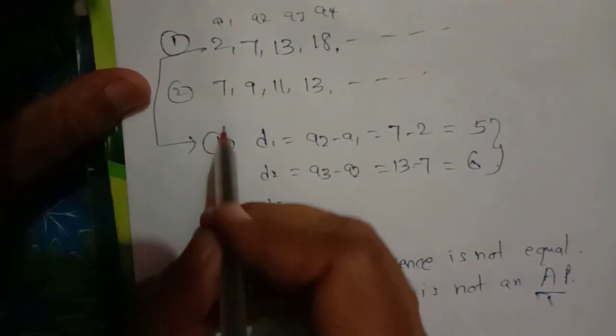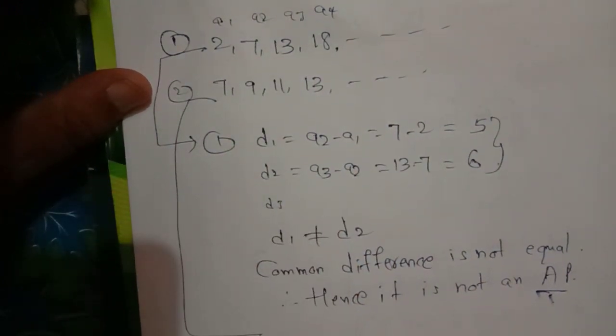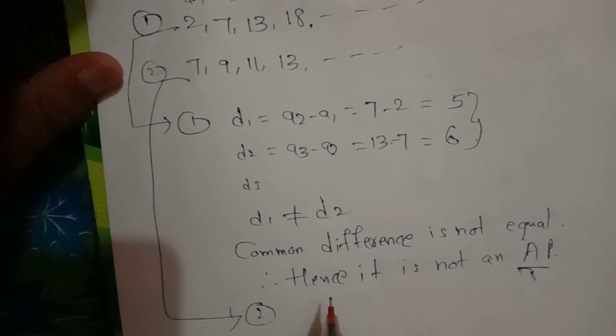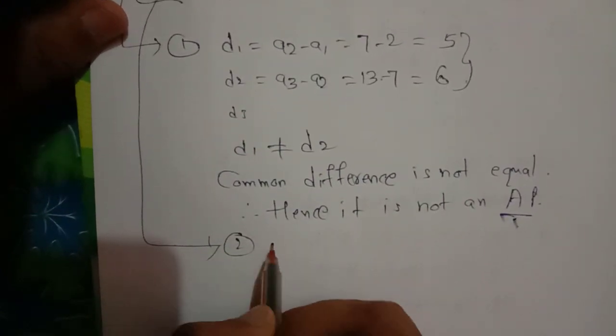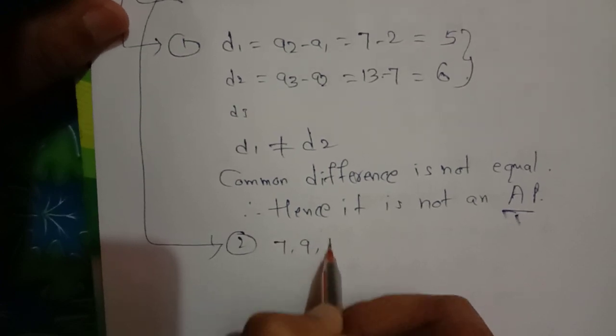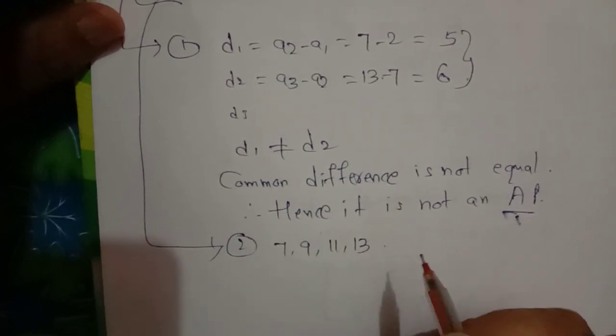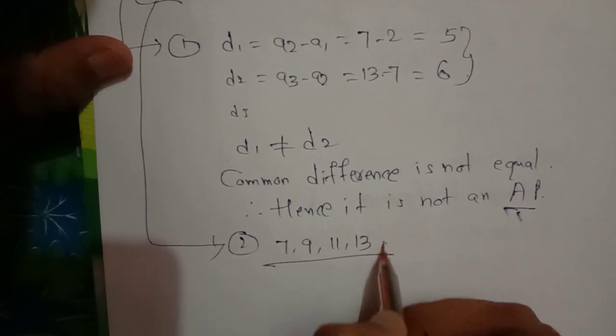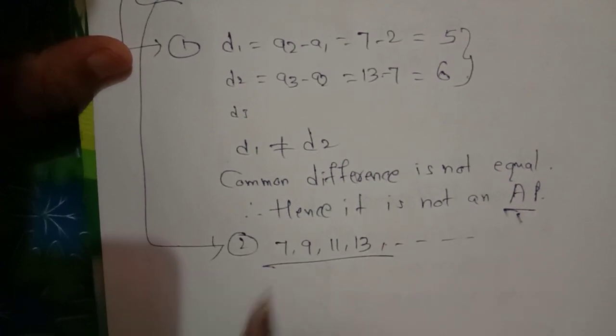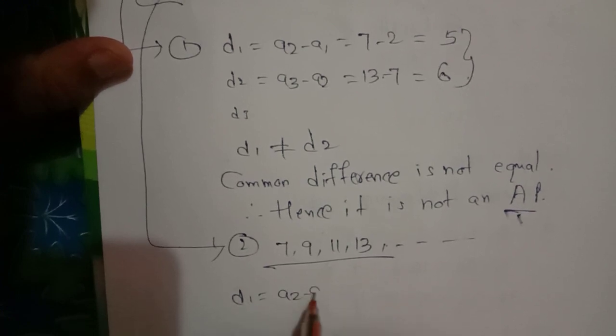So like this, observe the second one. Let us see, is it an AP or not? Okay, so the numbers are 7, 9, 11, 13. Okay students, in this we can see that. To find d1, same formula, a2 minus a1.